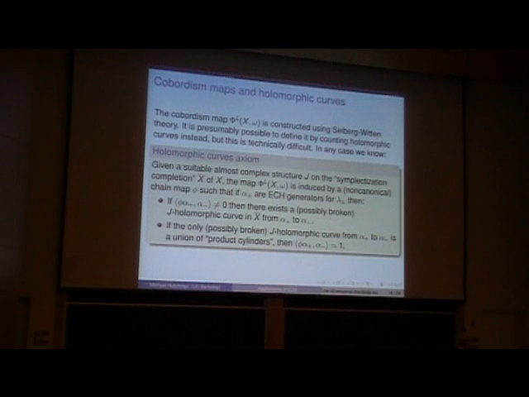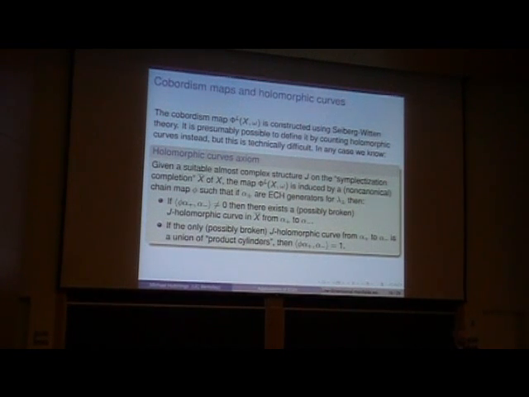So the construction of this cobordism map uses the Seiberg-Witten equations to define the map. But there's at least some relation with holomorphic curves, which is that if you choose an almost complex structure J on the completion of X, then wherever this cobordism map is non-zero, there exists a holomorphic curve.